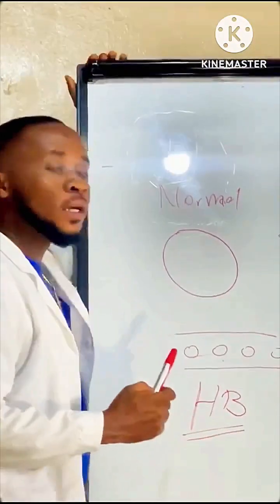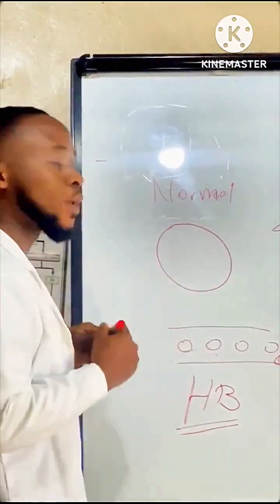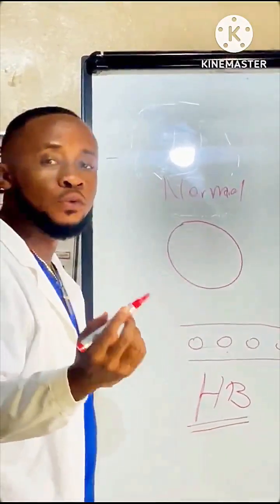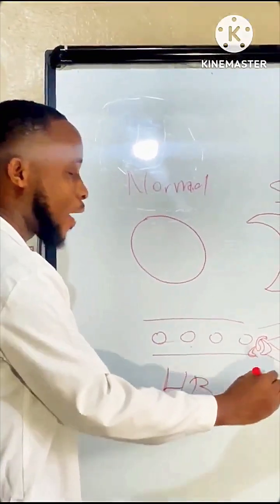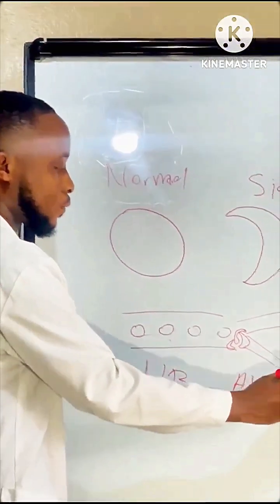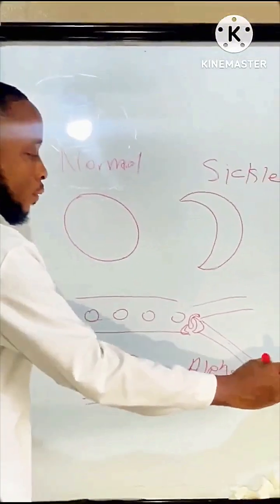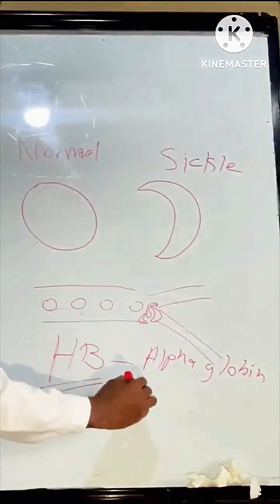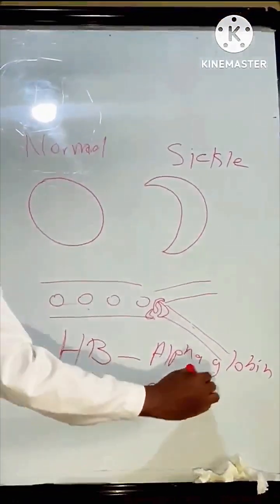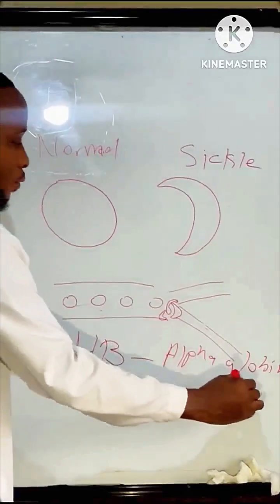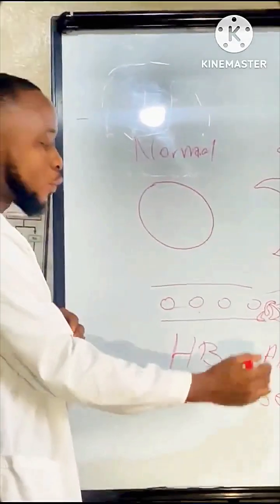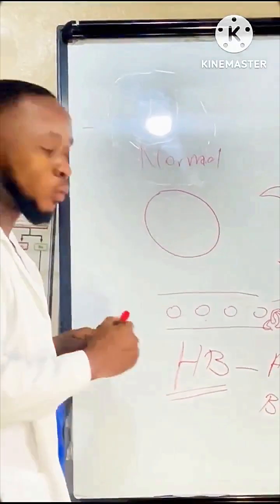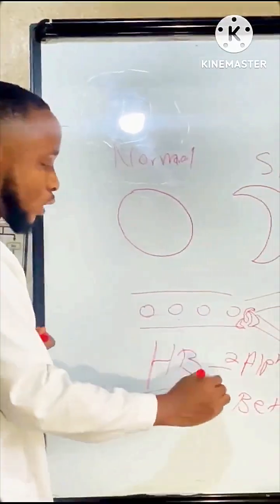Hemoglobin comprises subunit proteins that we call alpha globin and beta globin. So they are subunits of the hemoglobin, and they have two each.